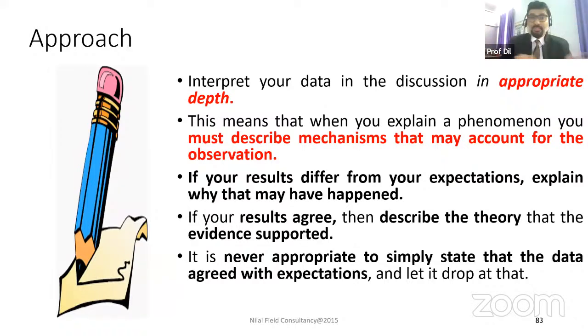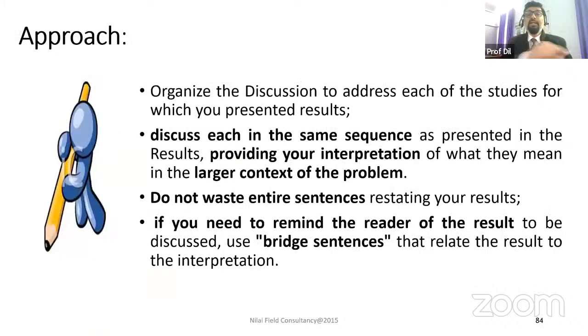How are others' findings different from my findings? There exactly lies the proper discussion. So your approach is like that, providing proper interpretation and bridging the sentences that connect. That means what others told, what is happening over here in the Indore region or in the Chennai region and likewise, and it is totally different, and these are the bases on which it is different. That is exactly what we call the discussion portion.